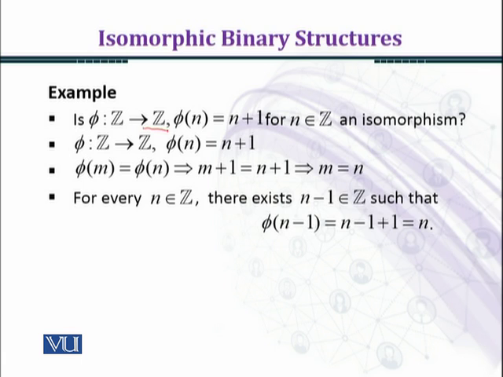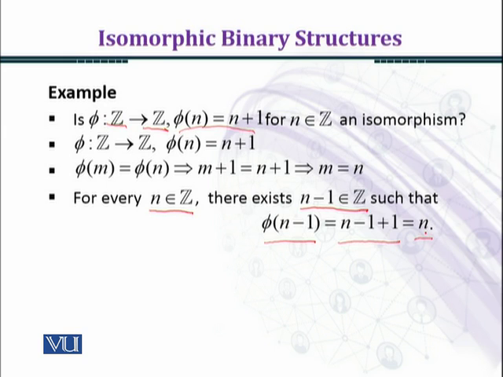Now we see whether phi is onto or not. We have to pick an element from the codomain Z, and we take an arbitrary element n in the codomain Z. Then there exists n minus 1 in the domain Z, such that the image of n minus 1 equals n minus 1 plus 1 by definition of phi, and in this way we shall obtain n.